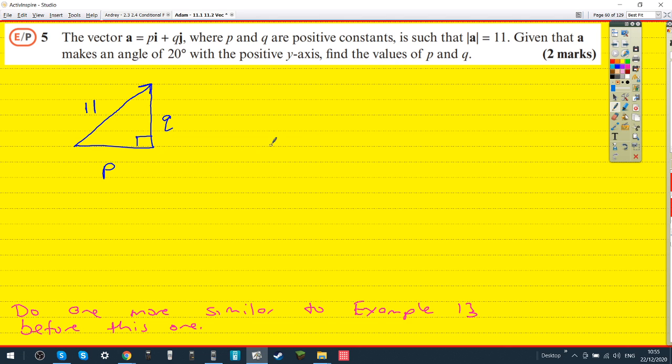Wait, and the y-axis would be the top. Yep. So could we use CAH? Yep.